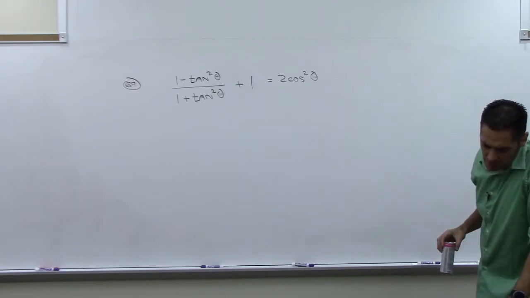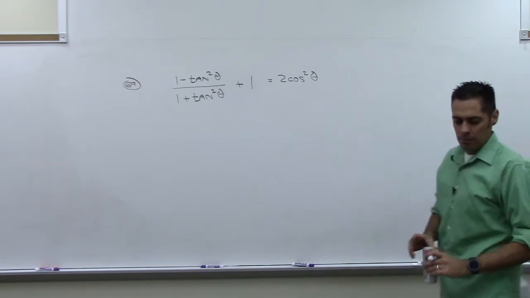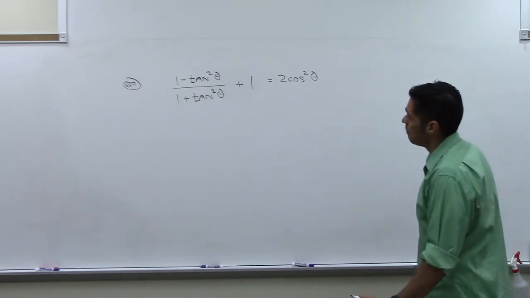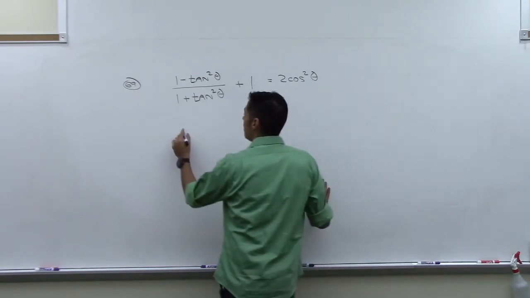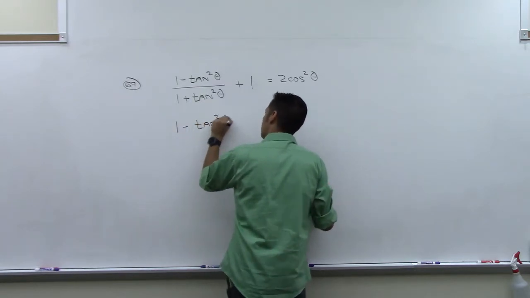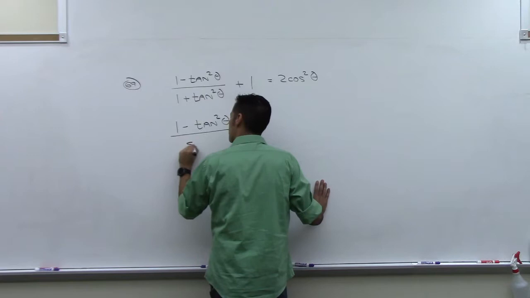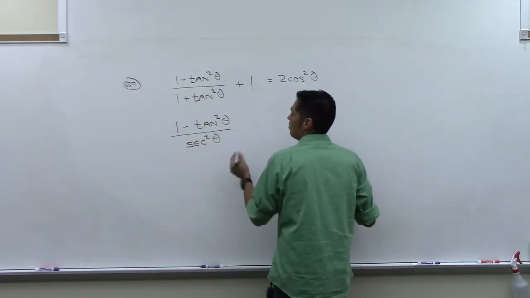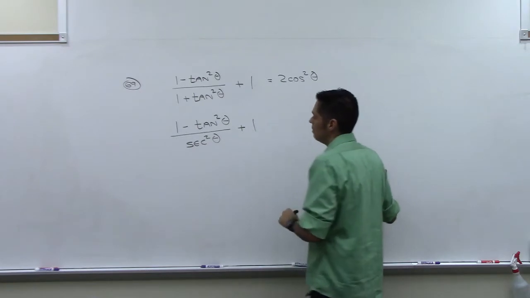Make sure I wrote it down right. I'll start with the left side. Well, here's what I know. That's 1 minus tangent squared theta over secant squared theta, because 1 plus tangent squared theta is secant squared theta. So I've got that.